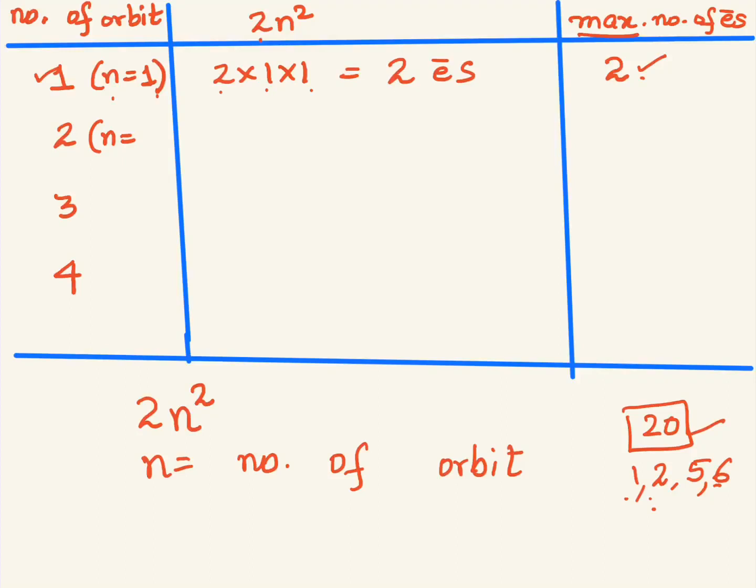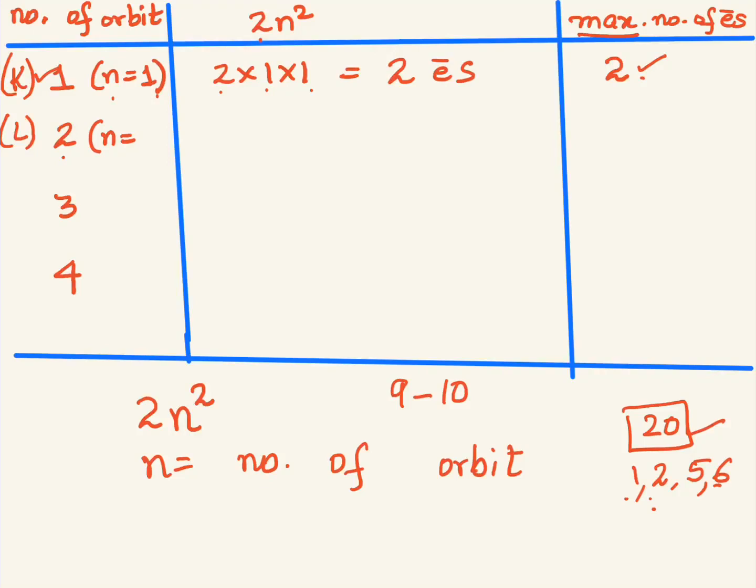Okay, when we are talking about the second orbit, that is the L orbit. If you are unfamiliar about K, L, M and so on, please watch the previous video where we have completely discussed the Bohr's model of the atom. By the way, this video is aimed for students of class 9 and 10th, or what you would call as the secondary curriculum.